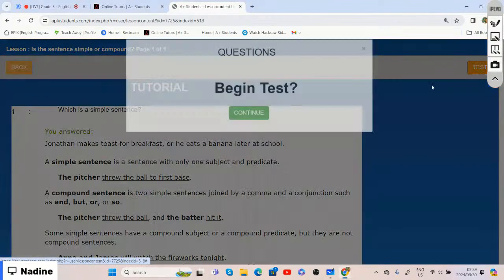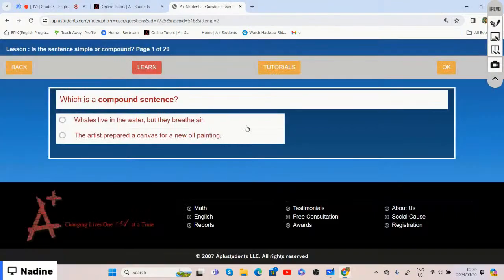So we're going to our test. We need to say which is a compound sentence. Is it the first one, which says whales live in the water but they breathe air? Or is it the second option, the artist prepared a canvas for new oil painting? So option one or option two?